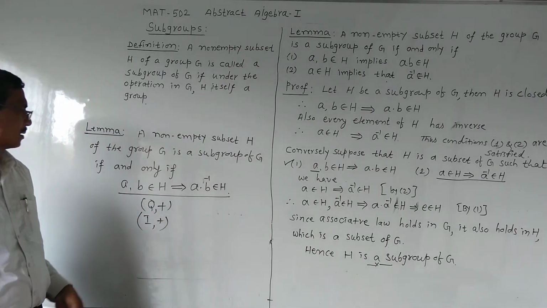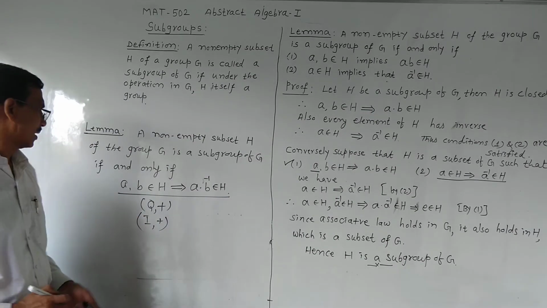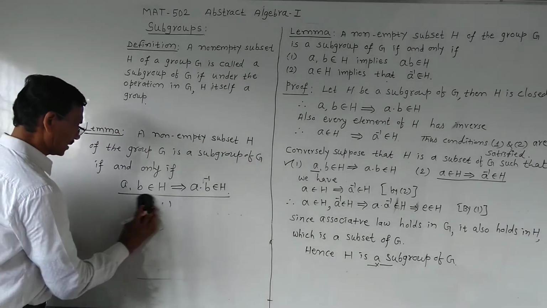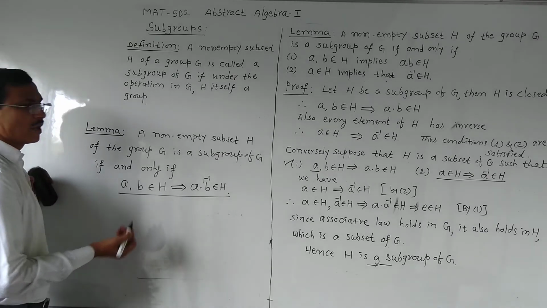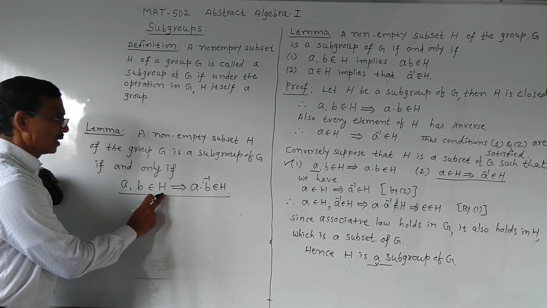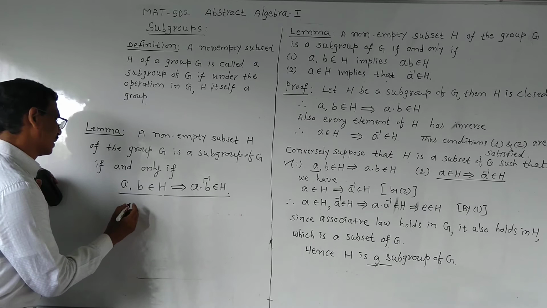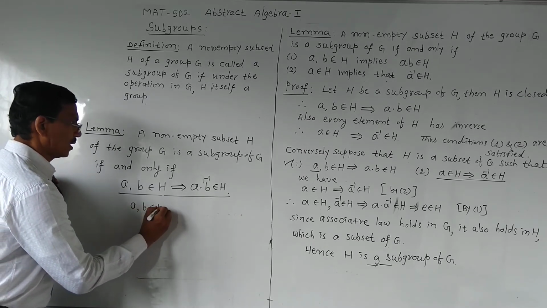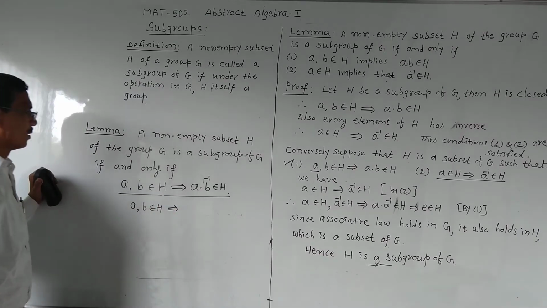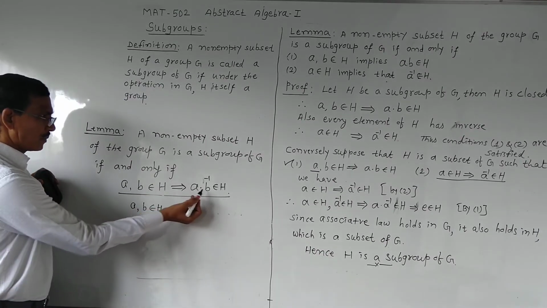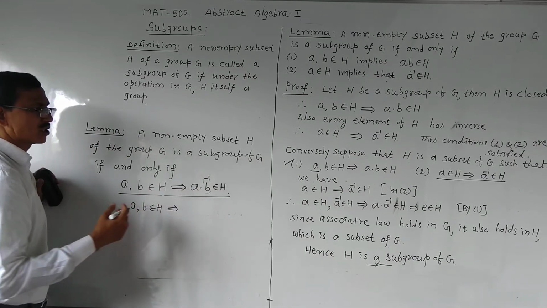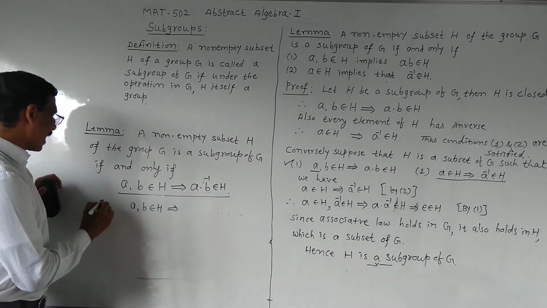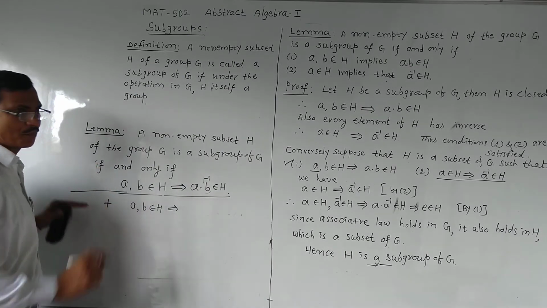If we consider the plus as the binary operation, then this condition changes. Try to understand. Consider A belongs to H, B belongs to H implies A dot B inverse, where this is the inverse of B with respect to the given binary operation. Dot is the given binary operation, but we are taking plus as the binary operation.